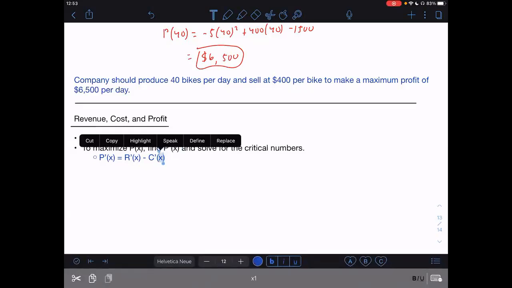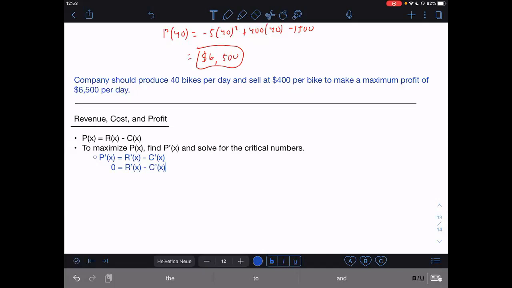Okay. And once we find those two derivatives, we set that difference equal to 0. So 0 is going to equal R prime minus C prime. And if we move the cost function to the other side, then notice to maximize the profit, it will be equivalent to where the first derivative of the cost function equals the first derivative of the revenue function.